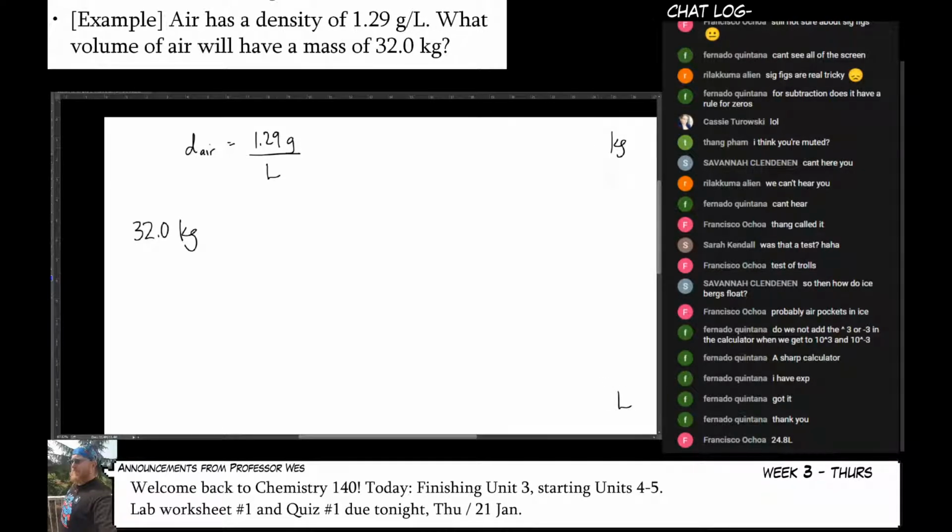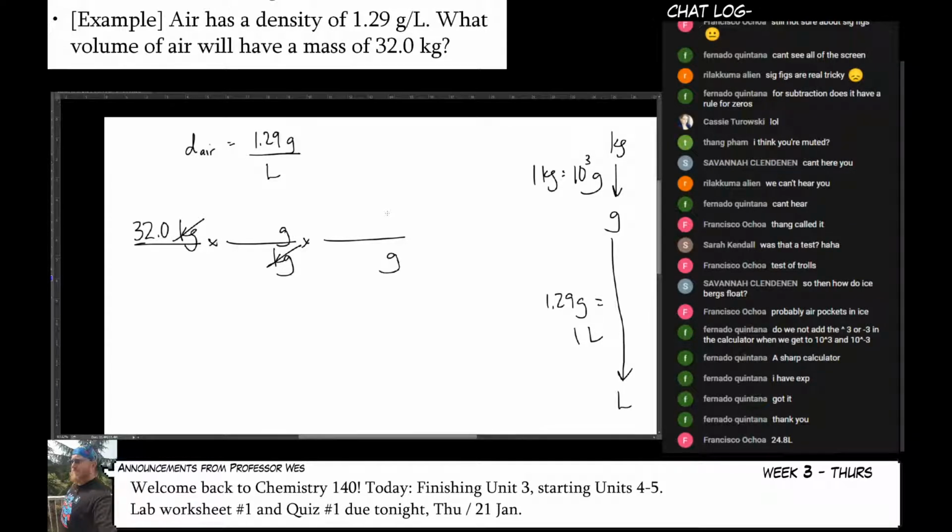Well, if I turn kilograms into grams, that's pretty straightforward. And then I can turn grams right into liters using the density, because 1.29 grams of air is 1 liter. So let's do that. We're going to turn kilograms into grams, and then we'll turn grams into liters.